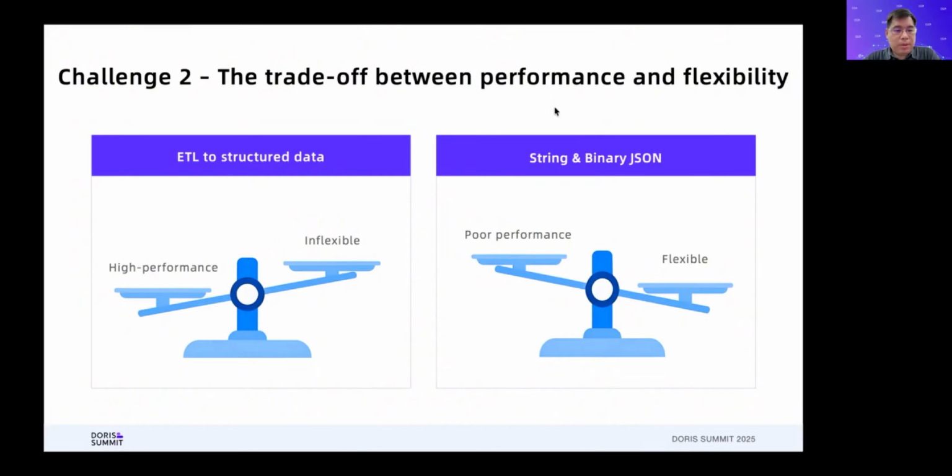For the ETL option, the performance is very high, but it's not flexible. If you want to add or remove fields from the JSON data, you need to adjust the ETL pipeline and the table structure of the storage system. It's totally not flexible.